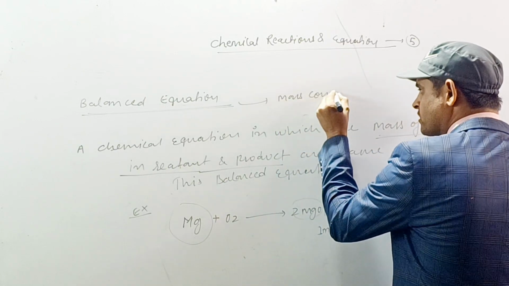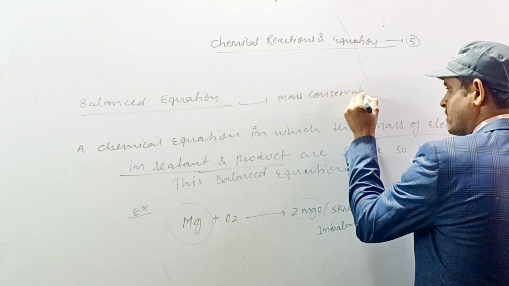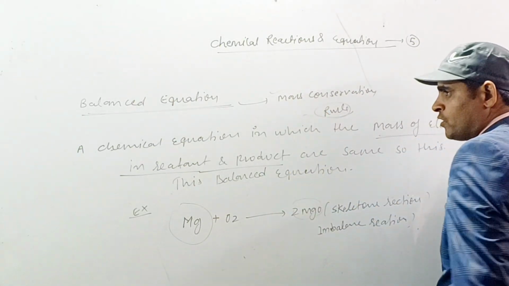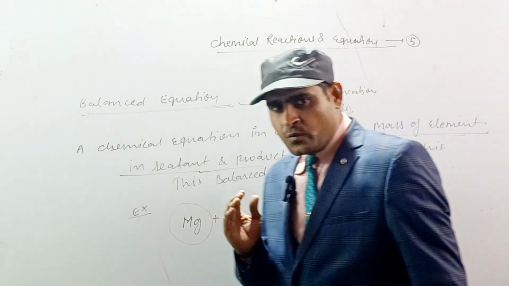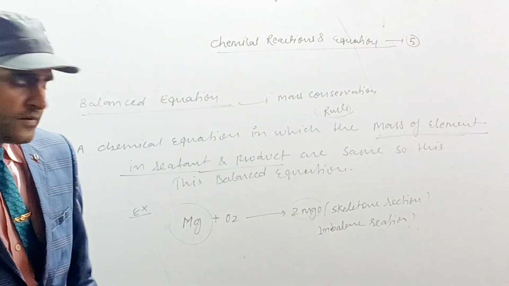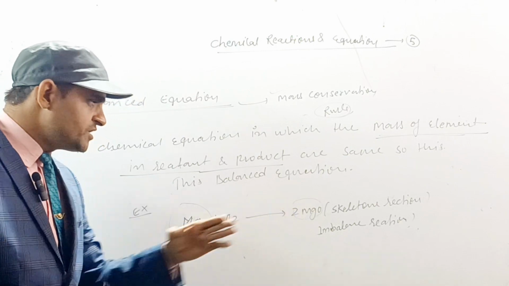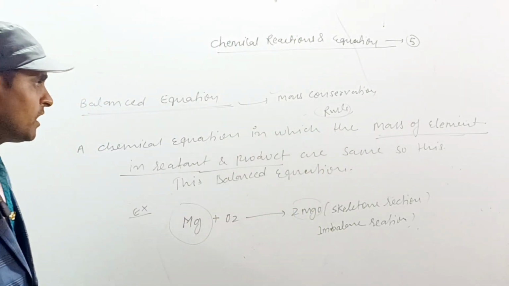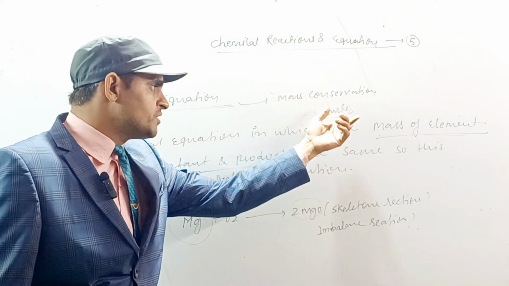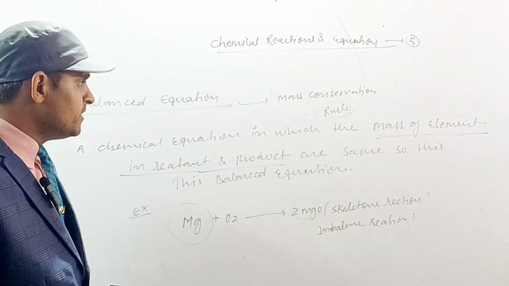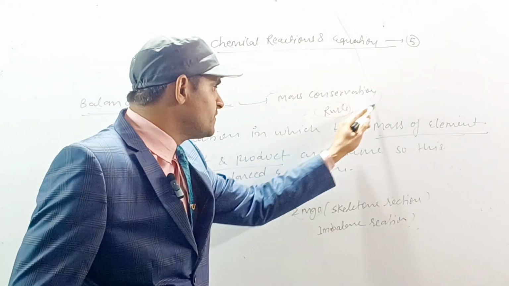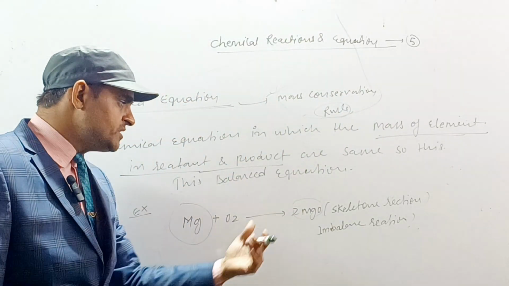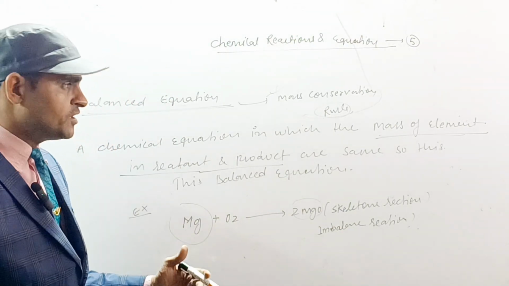We convert imbalanced reactions into balanced reactions to obey the mass conservation rule, and on the basis of the mass conservation rule we will convert the imbalanced reaction into the balanced reaction.